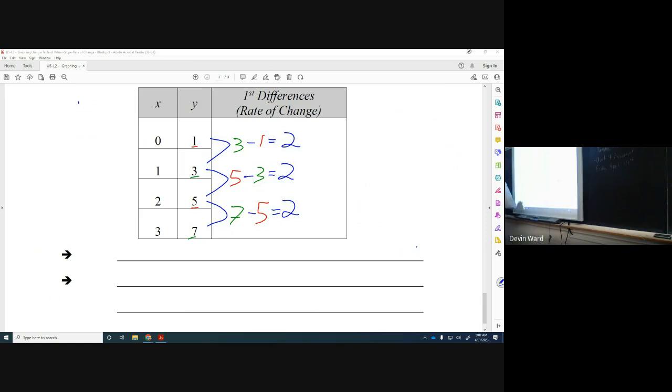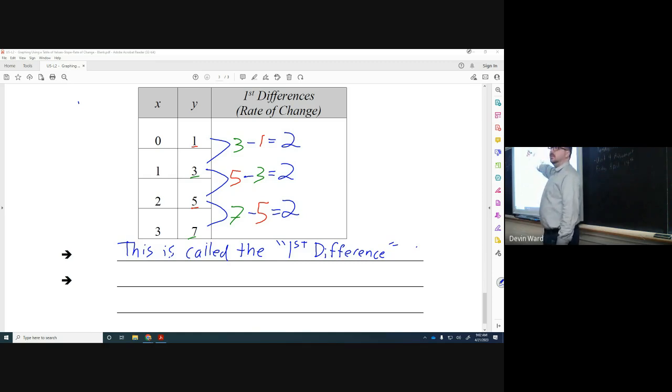Okay, so rate of change. This is called the first difference, because it's the first time we're taking the difference between our y values. The difference is subtraction, remember?